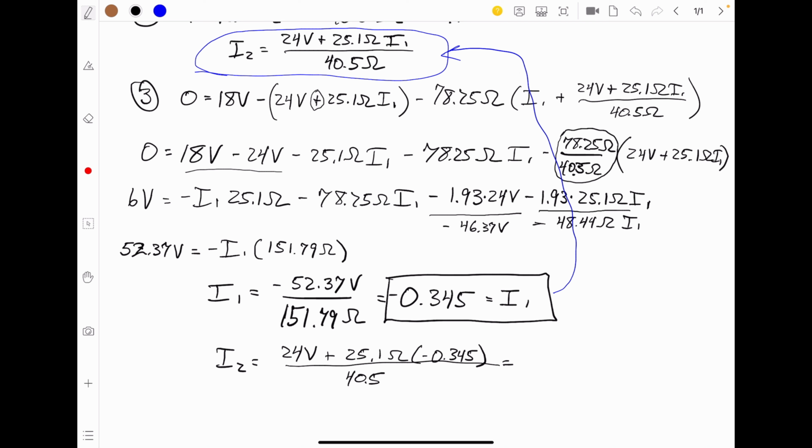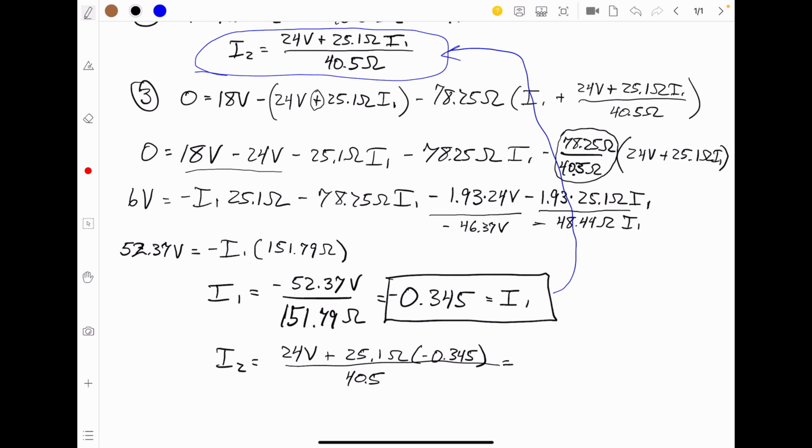Let's just do a little 24. Now, that's a bad place to start. When you have an RPN calculator, you can do that start, but I can't. So 25.1, we're going to multiply that by 0.345, but it's negative. And then now I'm going to add the 24 volts. That equals 15.34, and I'm going to divide that by 40.5.